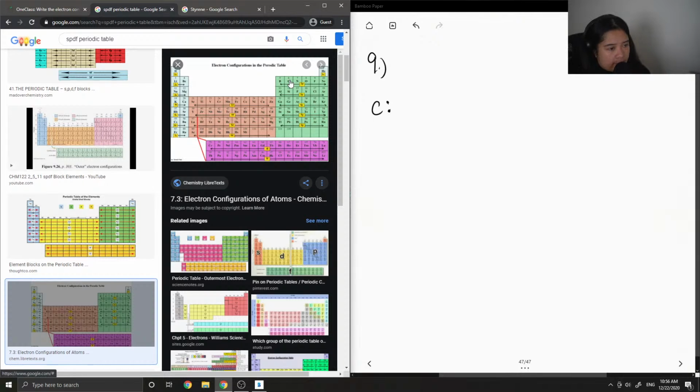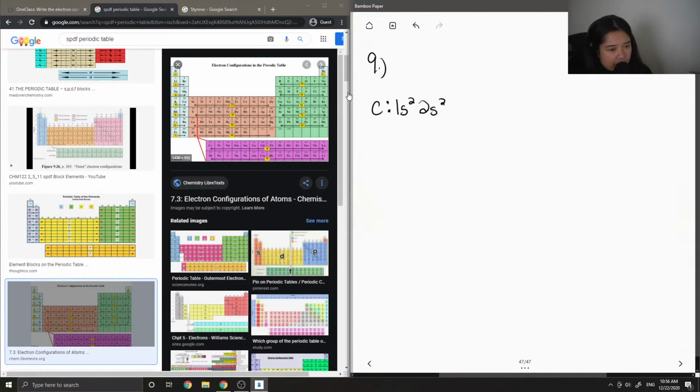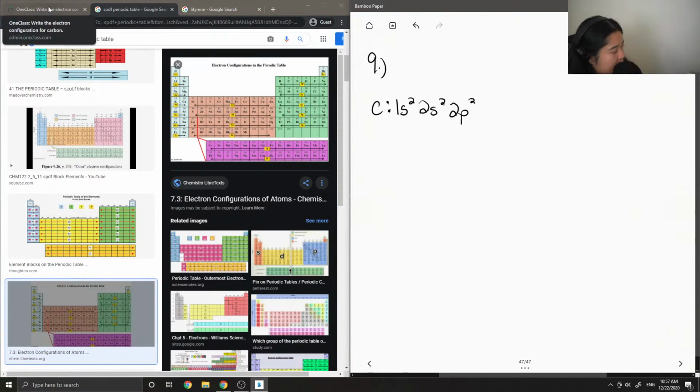So starting from hydrogen and going from left to right, we have 1s2, and then the next row, 2s2, and then moving over to where the carbon is, it will just be 2p2. So yeah, that's pretty simple enough.